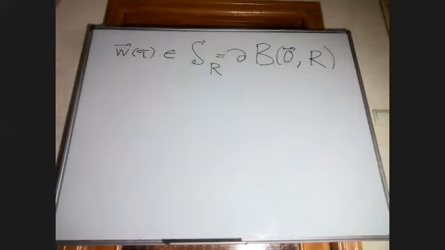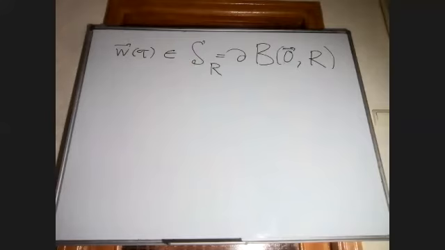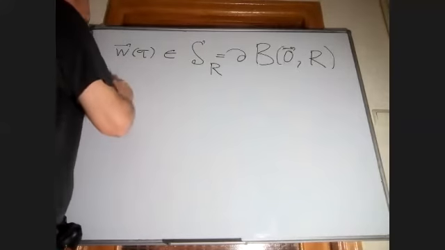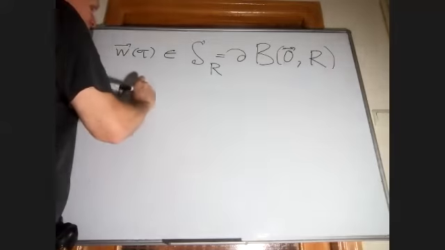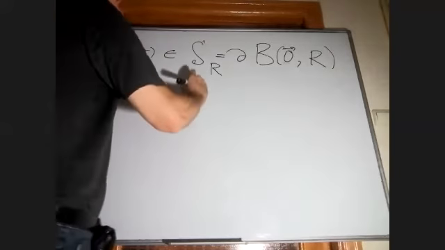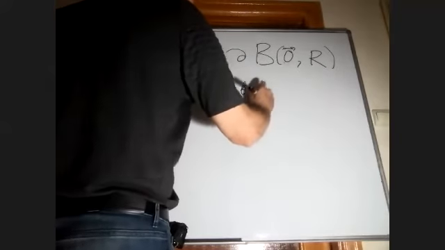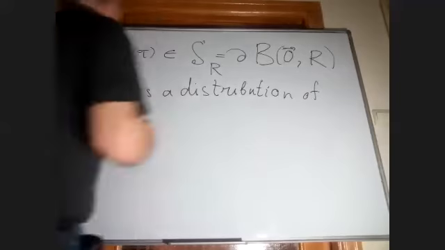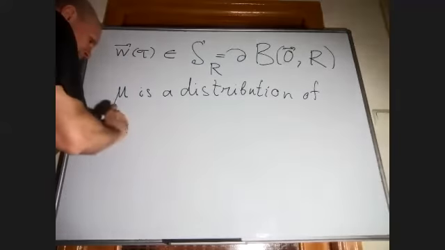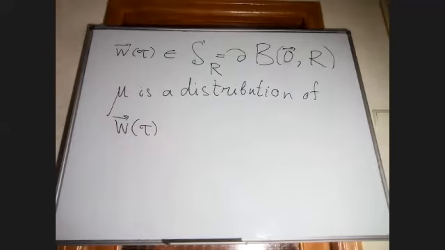And one can discuss the distribution of W tau on this sphere. Let us denote the distribution by mu.